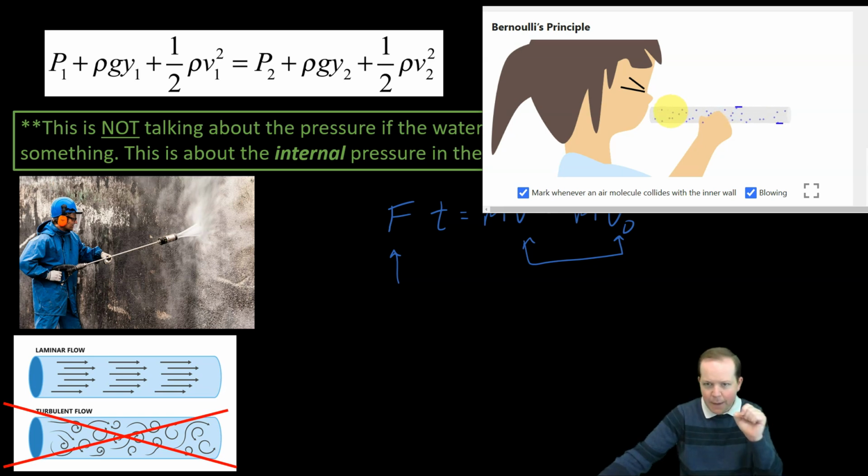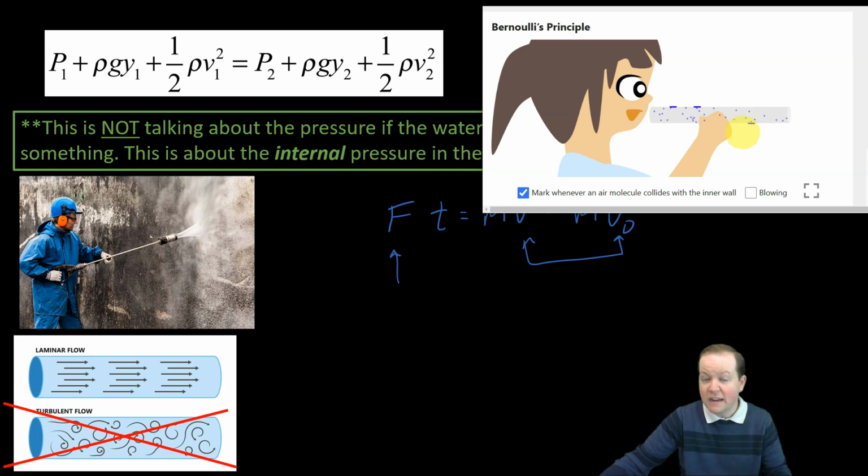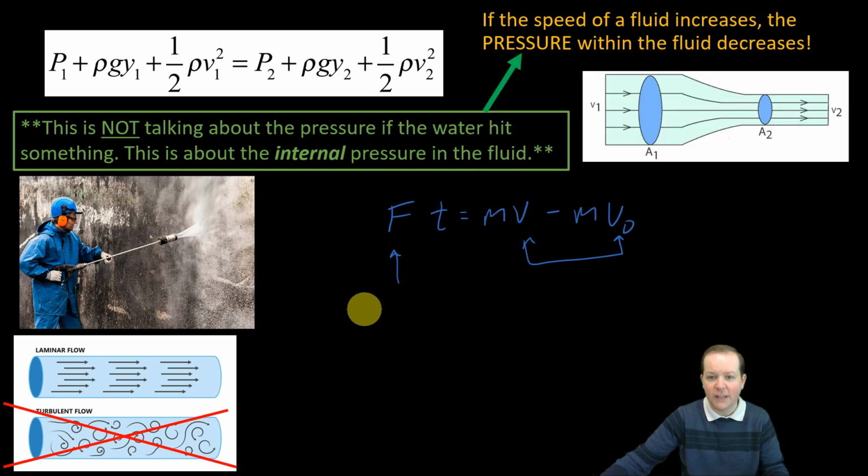Remember, pressure fundamentally is those particles slamming, applying forces to the container. So I have more speed, now this fluid is moving faster, and the pressure has gone down. When they're not blowing across that pipe, the air particles are not moving nearly as fast in a particular direction, and the pressure is more. That's what this is showing, this idea.